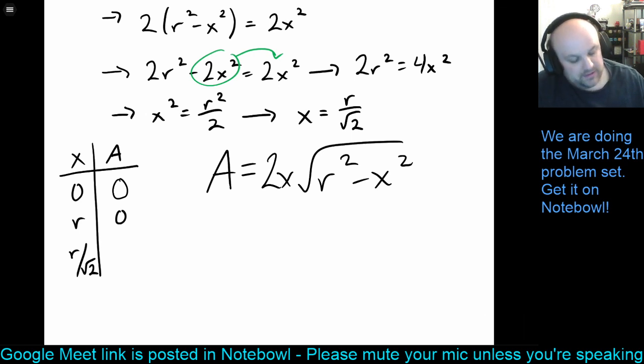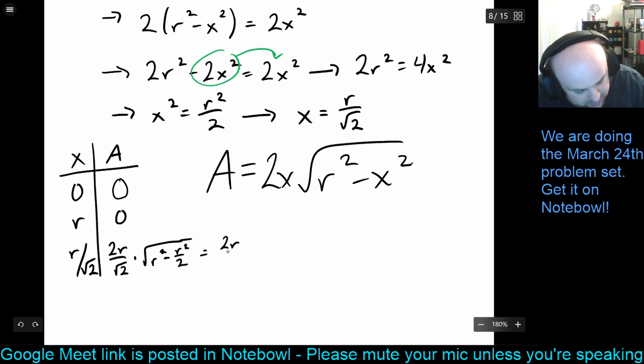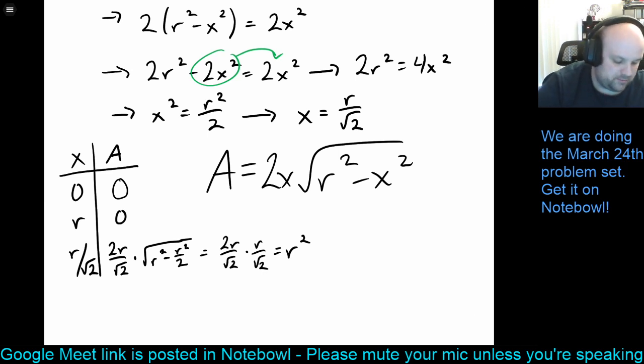If we plug in r over square root 2 here, we're going to get 2r over square root 2 times square root of r squared minus r squared over 2. So this is 2r over root 2 times r over root 2, which interestingly enough is just r squared. Because root 2 times root 2 is 2, and then we have that 2 up top that cancels it, and there we go.